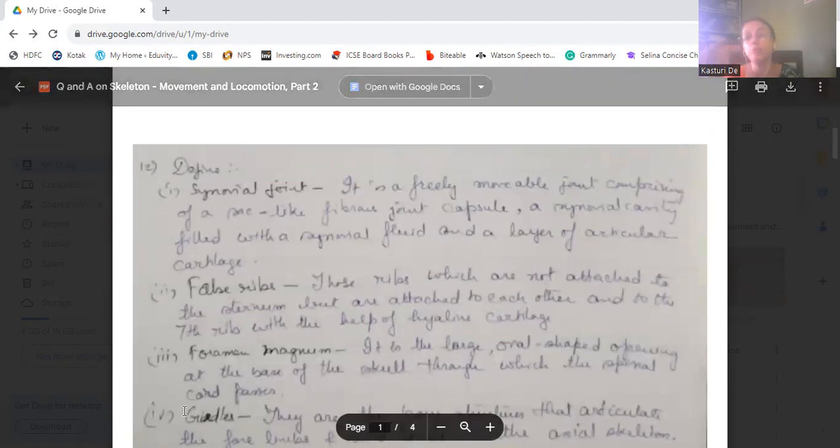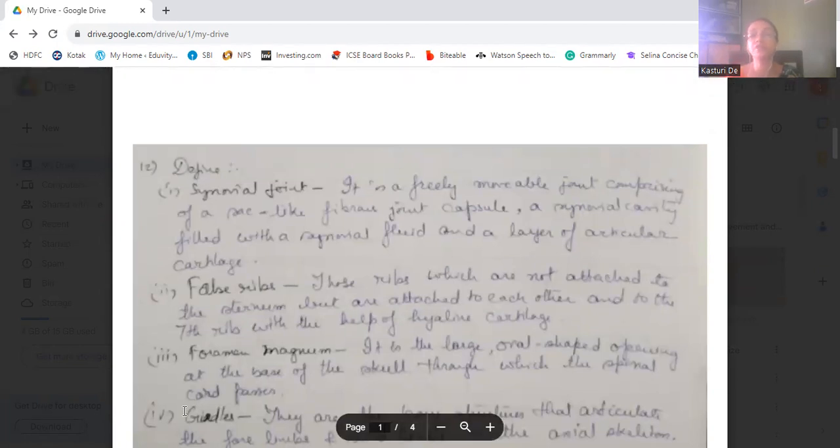It is a freely movable joint which comprises a sac-like fibrous joint capsule, a synovial cavity which is filled with synovial fluid, and a layer of articular cartilage on the head of the bones. So the capsule is there, inside that is the synovial cavity, and inside that cavity is the synovial fluid.